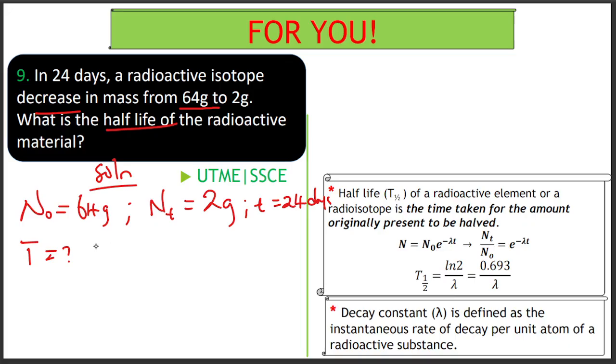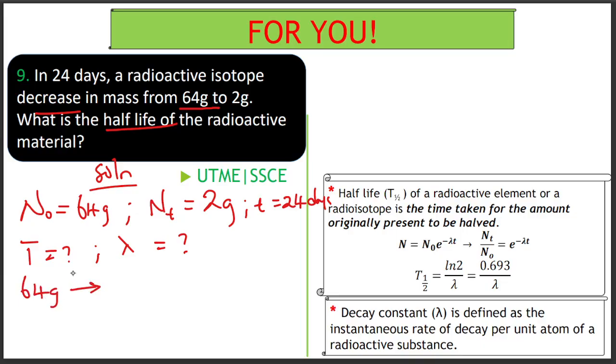Do we know the decay constant? Of course we don't. Remember, if you know the decay constant, automatically you can find the half-life, or if you know the half-life, you can get the decay constant. So let's use the first method, the arrow method. Remember, you start with the original amount, 64 grams.